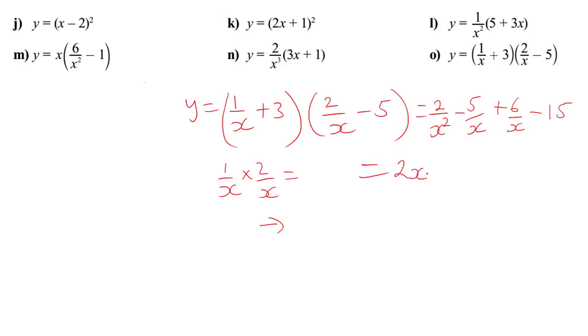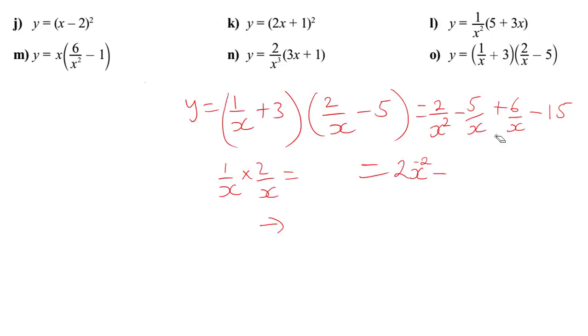So all you need to do is bring the x's at the top, and they change sign, so that's going to be x to the power minus 1. What we could have done actually is simplify this first. We can put this together. This is negative 5 over x plus 6 over x.